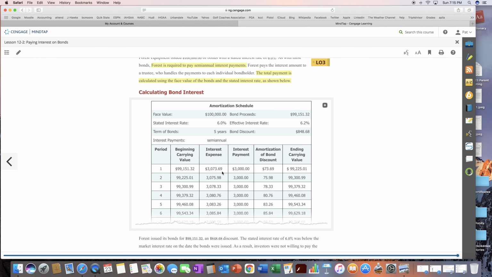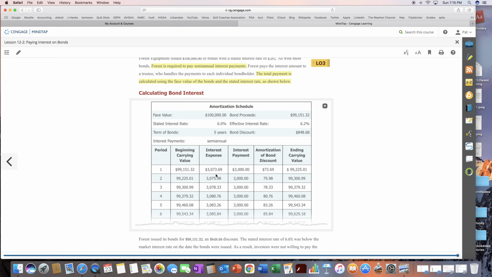Now you can see in this situation, when the interest rates are not the same and the effective interest rate is a little higher, at 6.2, above the stated rate, there's going to be some interest that is not going to be paid. And so we need to add that to the beginning carrying value to get an ending carrying value.